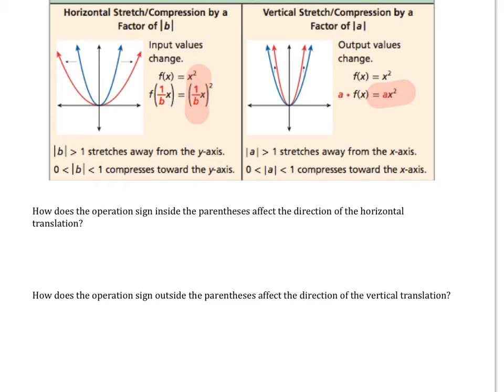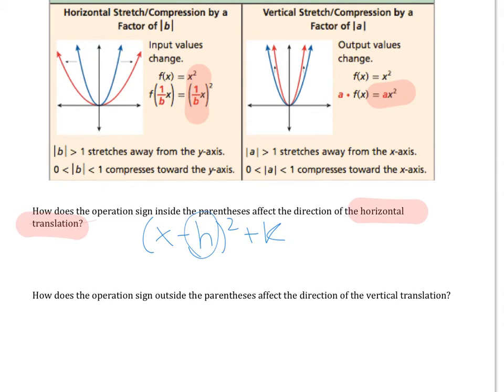So let's recap. How does the operation sign inside the parentheses affect a horizontal translation? Okay, so think about your x minus h squared plus k. H is the horizontal translation.